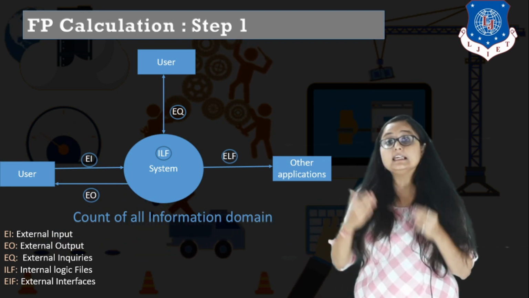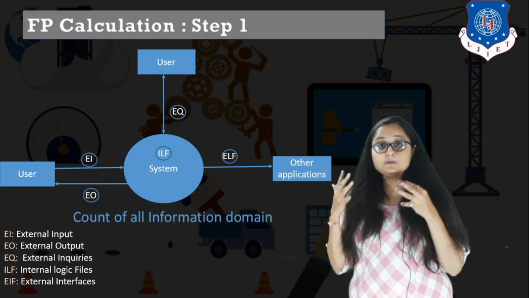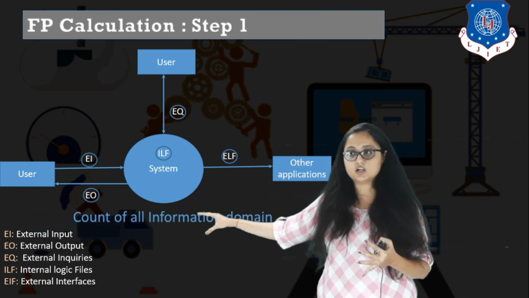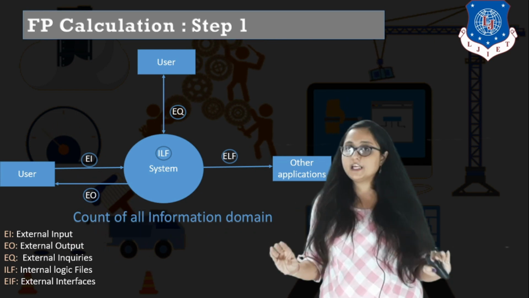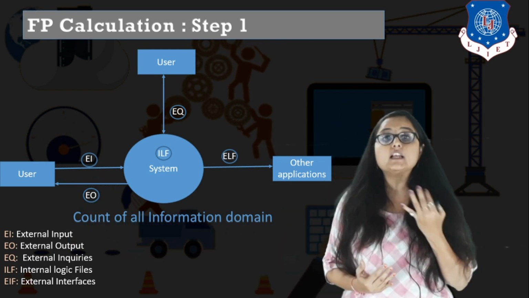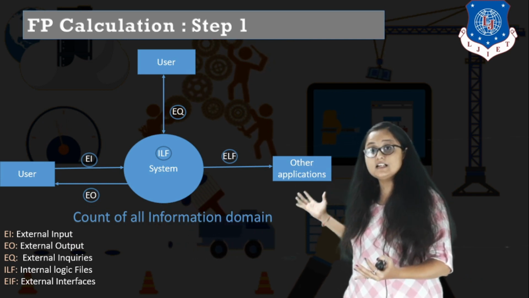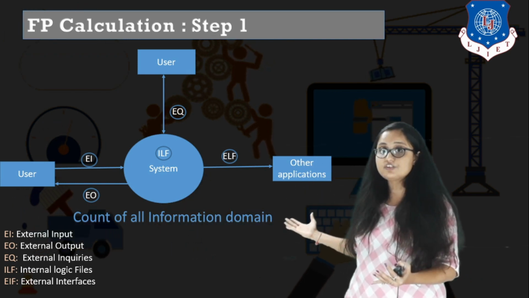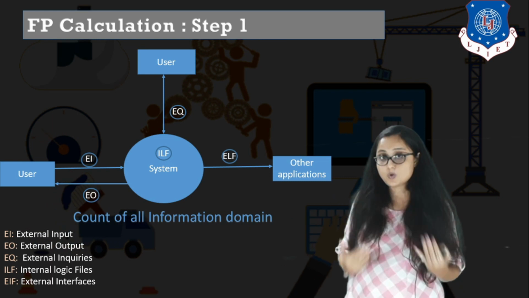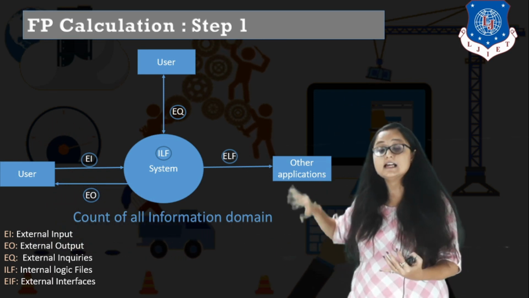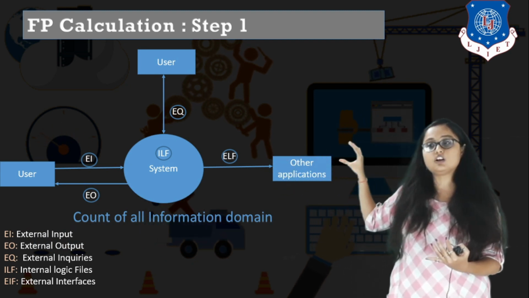Now whenever you are creating your own account, it means the data is being inserted in the internal logic file, the internal database. But if you are not opting for that and you are getting logged in from another application, the data that is used is from another application, right? So it is a possibility that our system is accessing another application's database, that is known as an external logic file.